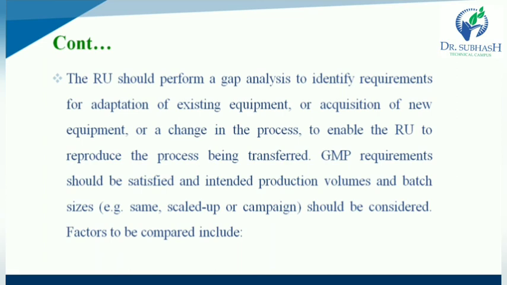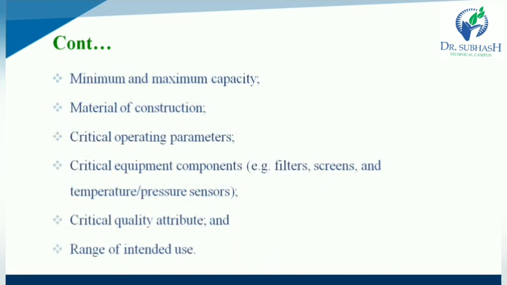Factors to be compared include, which type of factors should be compared? Minimum and maximum capacity, material of construction, critical operating parameters, critical equipment components, example filters, screens, and temperature or pressure sensor, critical quality attributes, and last one is range of intended use.